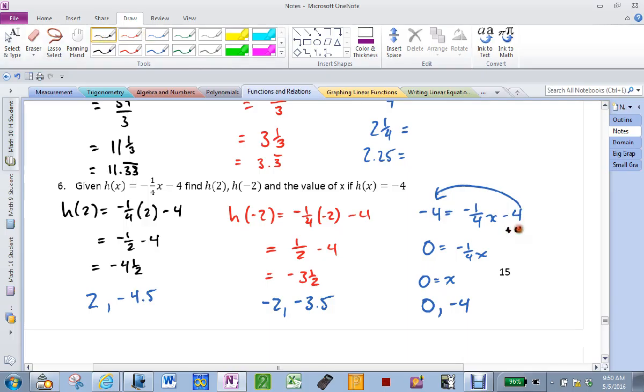If I add 4 to both sides, what's negative 4 plus 4? 0. Now what's the only thing that could multiply by a quarter to equal 0? Has to be x is 0. And then if x is 0, x is my first point, and my output we already knew to be negative 4. Cool? Everybody good?